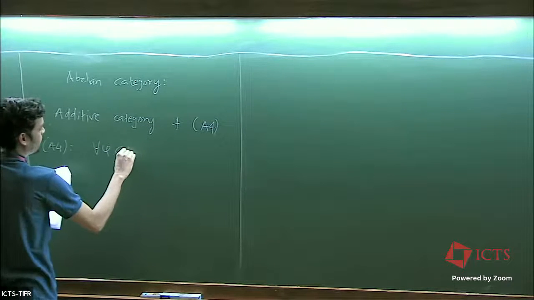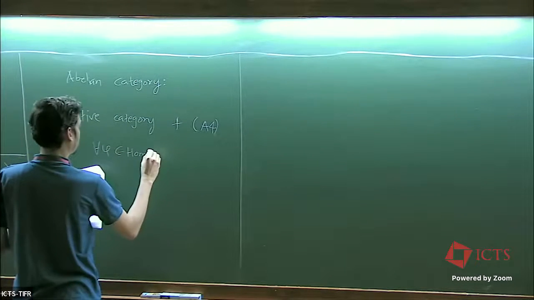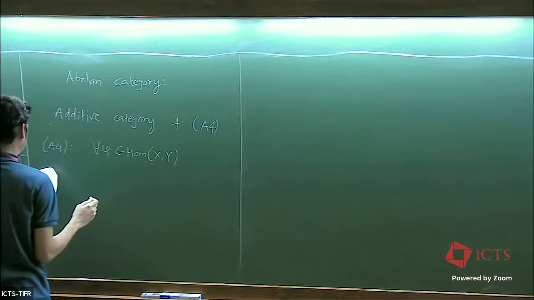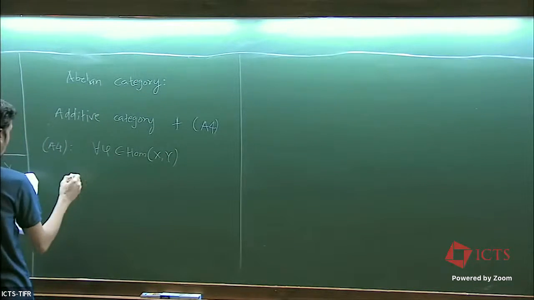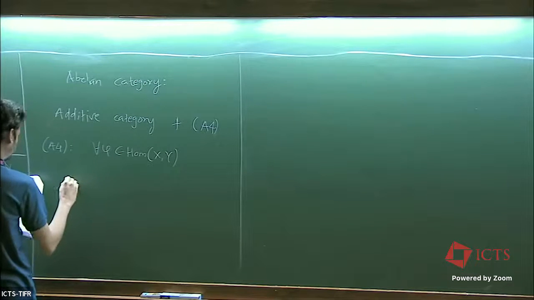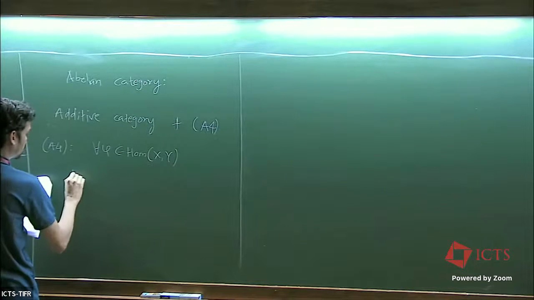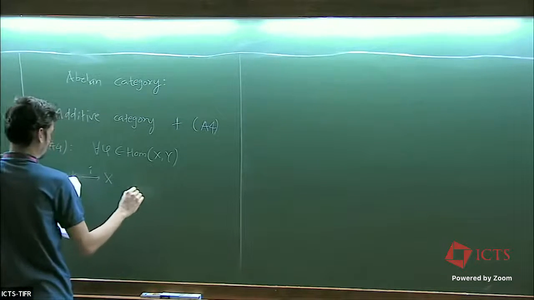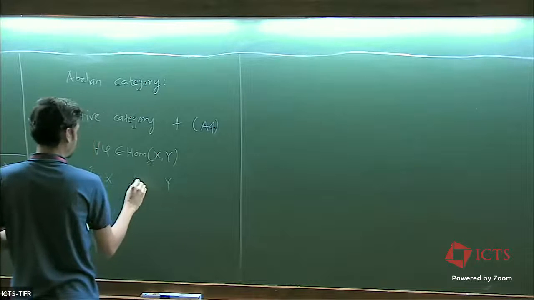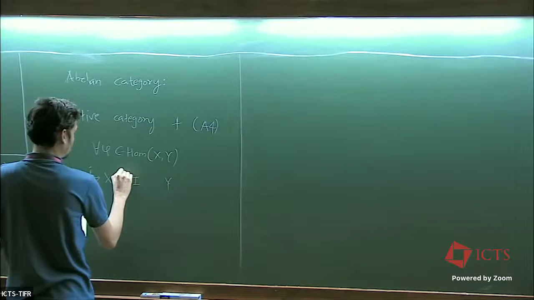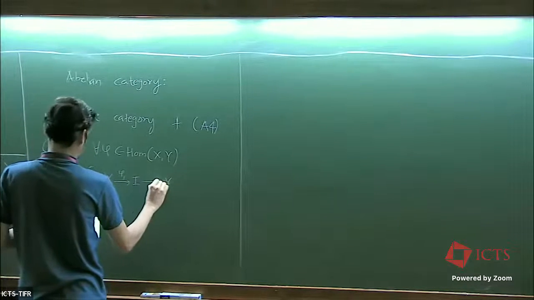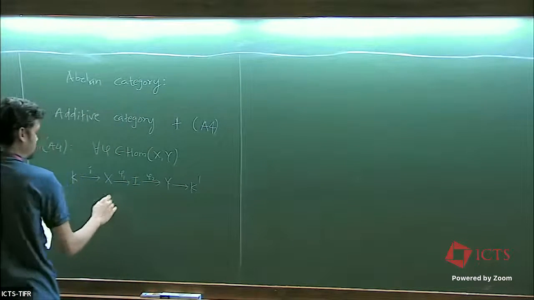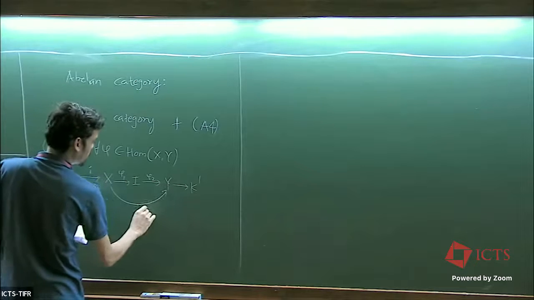Given any phi, a morphism from X to Y, it should have a kernel, it should have a co-kernel, and it should satisfy something more. This is the map phi.